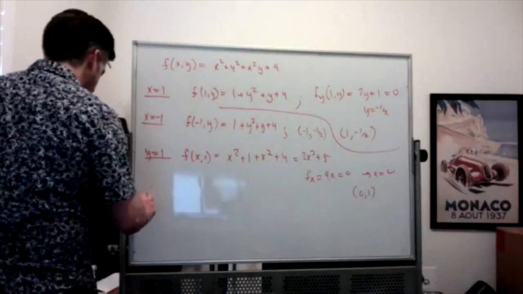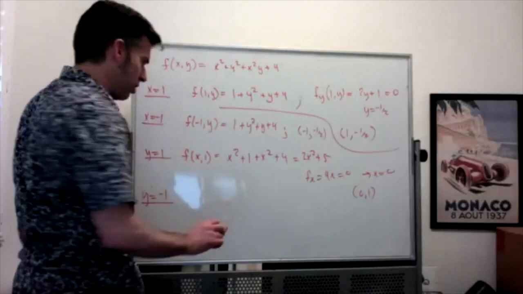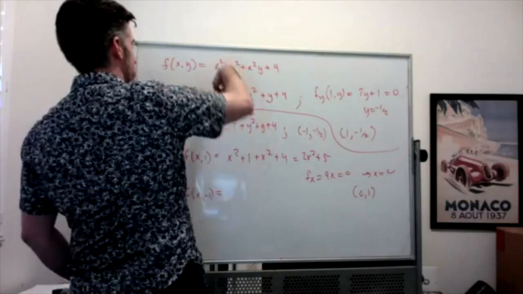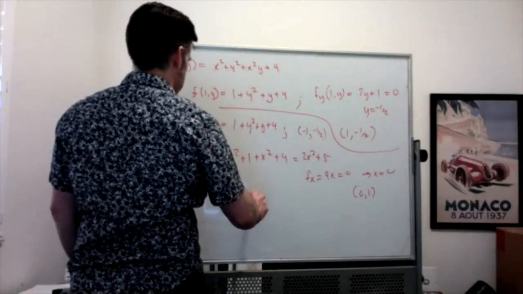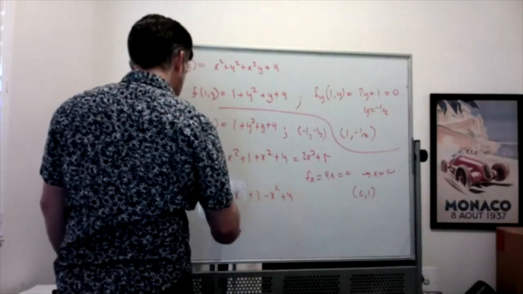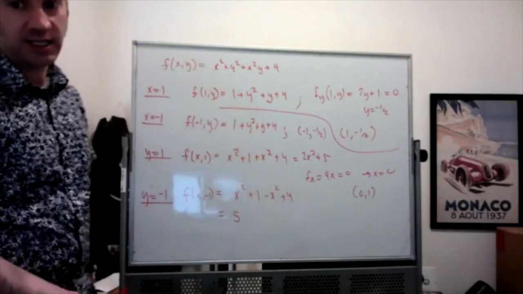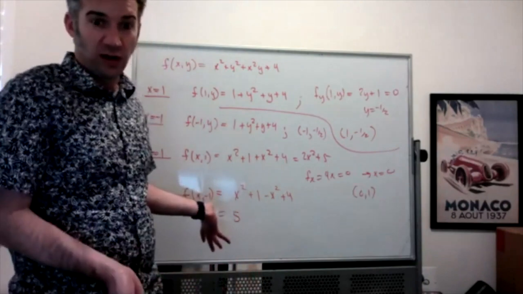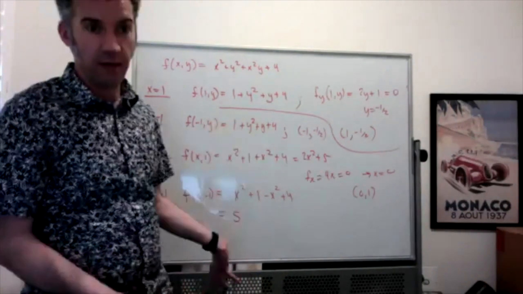And if y equals negative 1, we'll probably get something. Oh, no, I don't think we actually get the same thing. y equals negative 1, I think it's kind of wonky. f of (x, -1) is going to be x squared plus 1 minus x squared plus 4. So that's going to be 5. So here's what that's telling me. Along the wall y equal to negative 1, the function is a constant value, meaning there isn't going to be a max or a min there unless they happen to all be a max or a min.